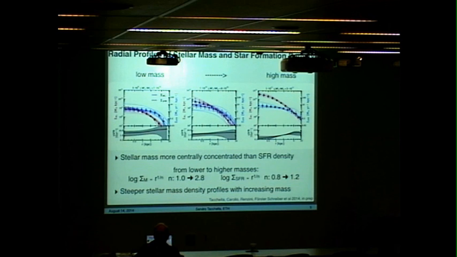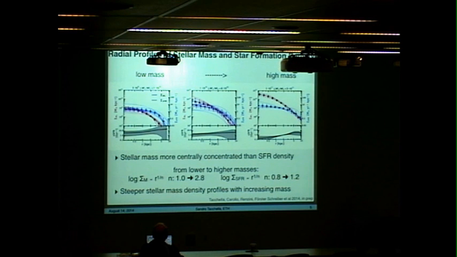I'll show you here the azimuthally averaged profiles of the stellar mass density obtained from the HST in red and the star formation rate density obtained from SINFONI in blue. The individual lines show you the individual galaxies, while the large dots show you the mean relation. You can see the low mass galaxies here, and there are 3 mass bins going up to the high mass bin. The first thing when you compare the stellar mass profiles to the star formation rate profiles is that the stellar mass profiles are centrally more concentrated than the star formation rate profiles.